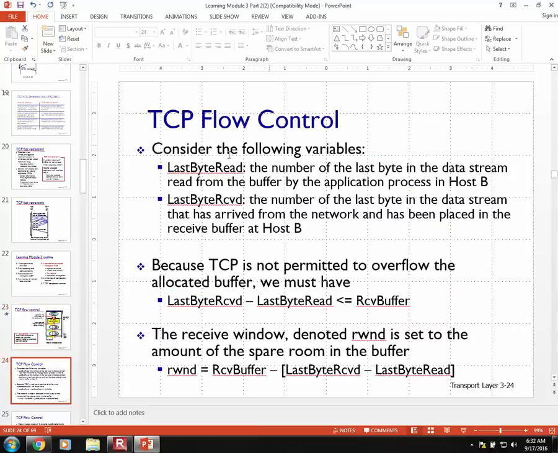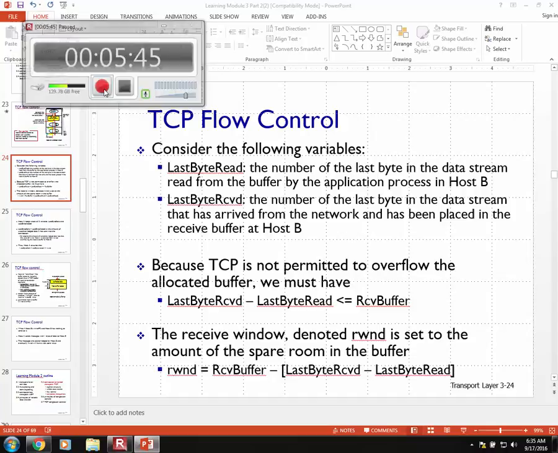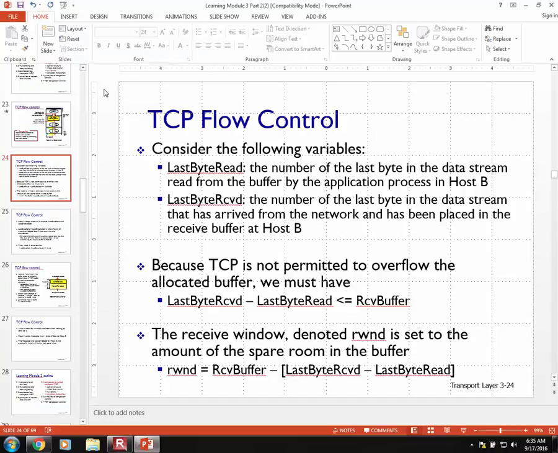So we have the concept of TCP flow control. In TCP flow control, let's consider the following variables. We have the last byte that was read.